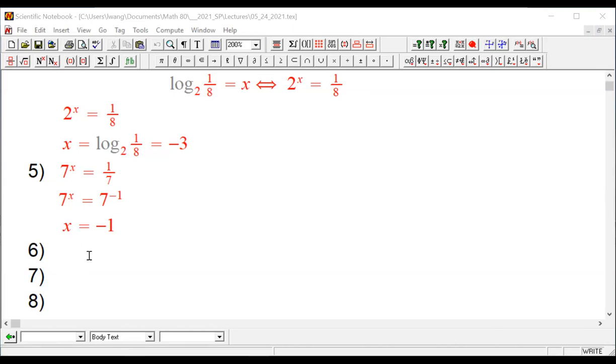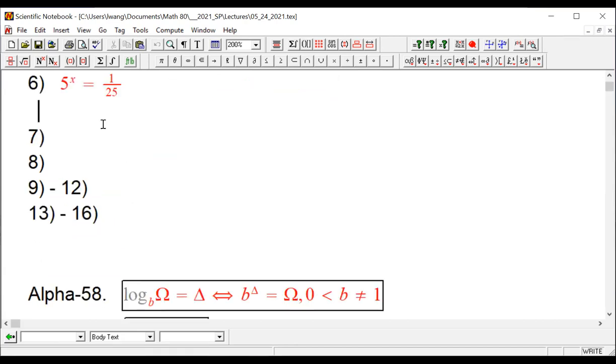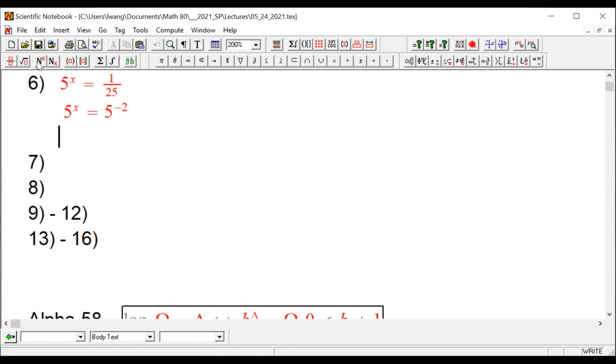What did you get for number 6? The question is, if we have 5 raised to the power x equals 1 over 25, what will be the value for x? 25 is equal to 5 raised to the power -2, and therefore x equals -2.